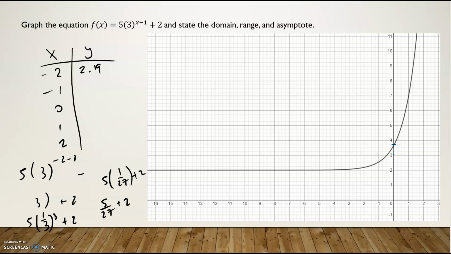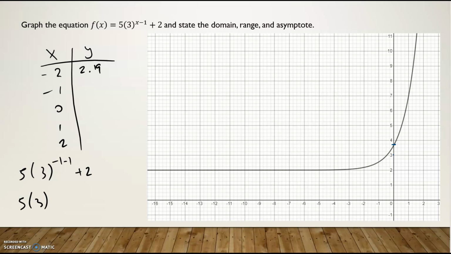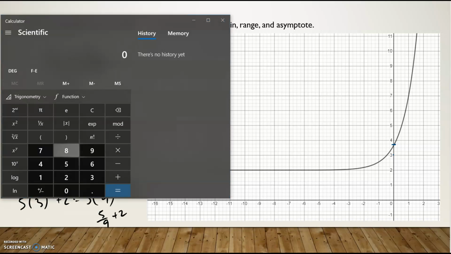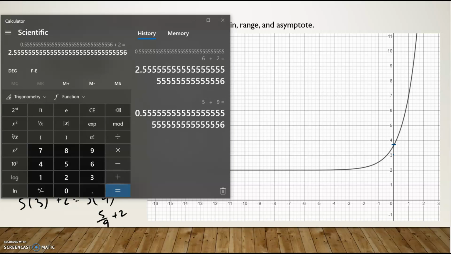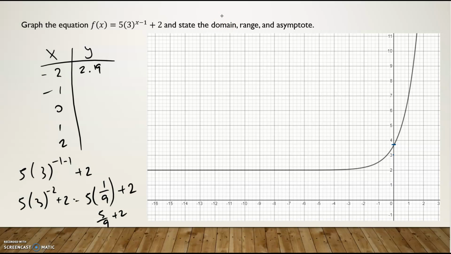Okay, let's plug in -1. Okay, so we've got -1 minus 1 plus 2. 5 times 3 raised to -2 plus 2. That is 5 times 1 over 9 plus 2, so that's 5 over 9 plus 2. 5 divided by 9 plus 2, 2.6.